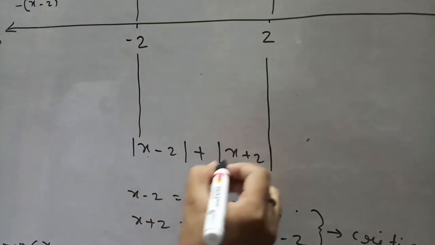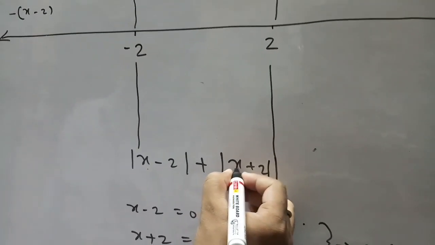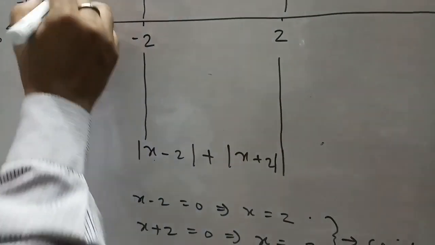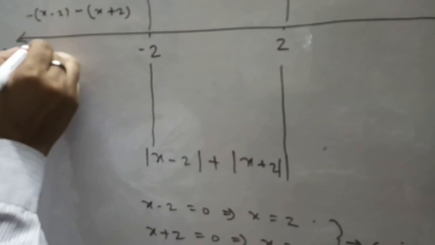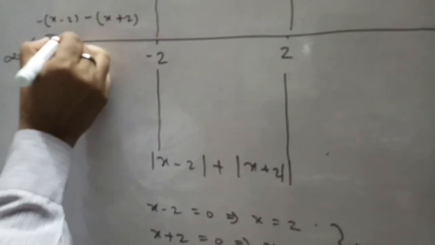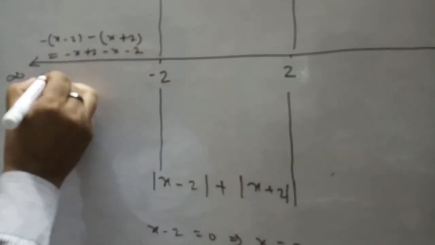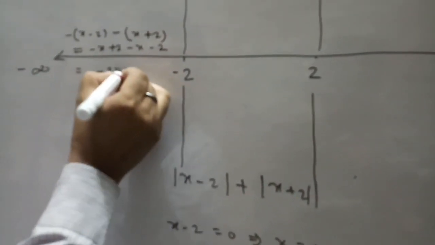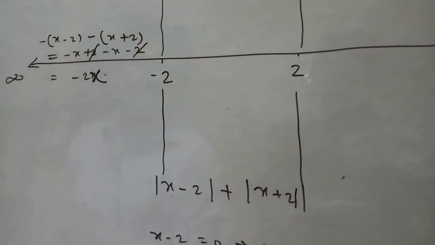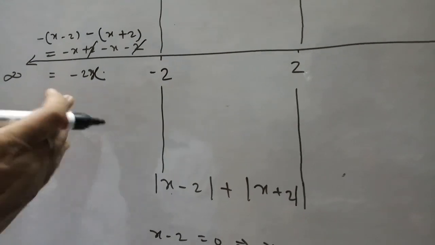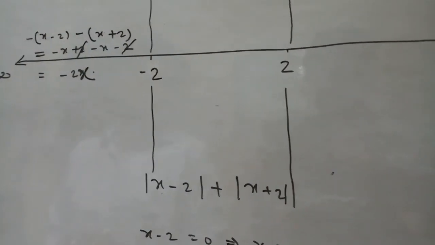And when minus 3 is put in the other mod, x plus 2 is minus 3 plus 2, minus 1, which is also negative. Therefore this will be minus x plus 2 minus x minus 2, equal to minus 2x. Plus 2 and minus 2 cancel. So this is the value in the interval minus infinity to minus 2.